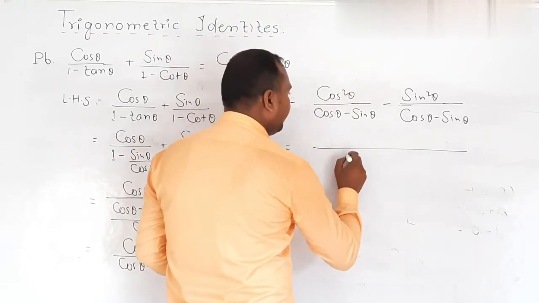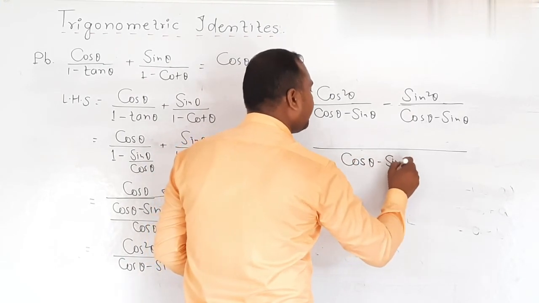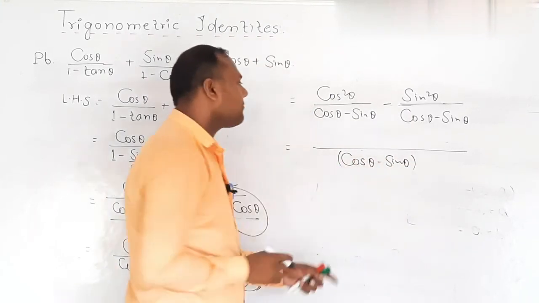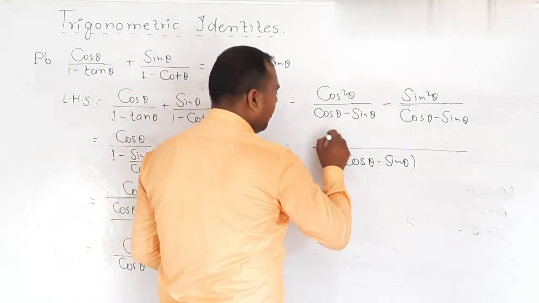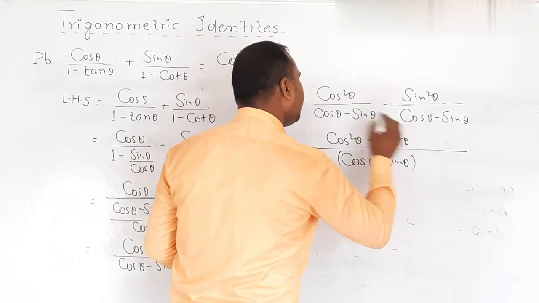This part will be the same, cos theta minus sin theta, and this part cos square theta minus sin square theta.